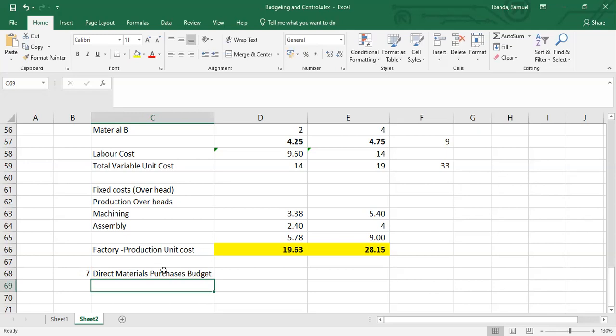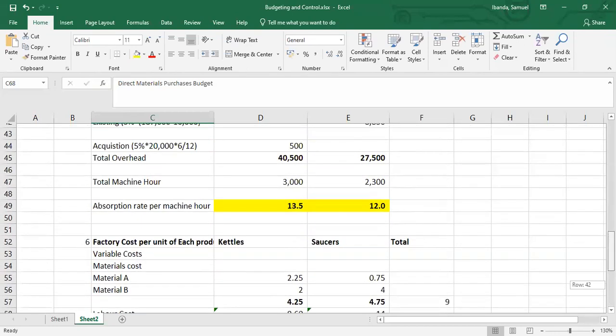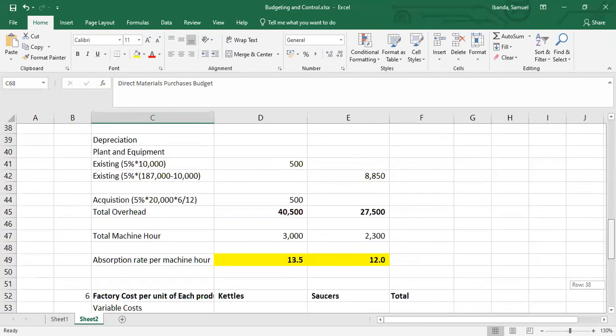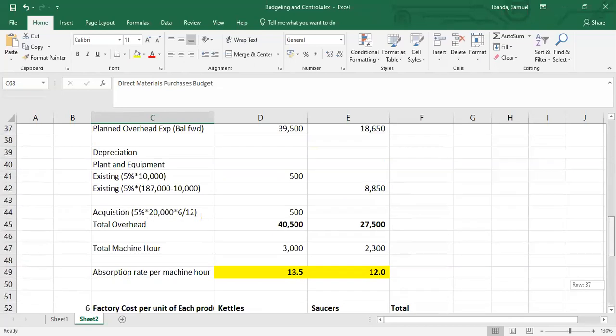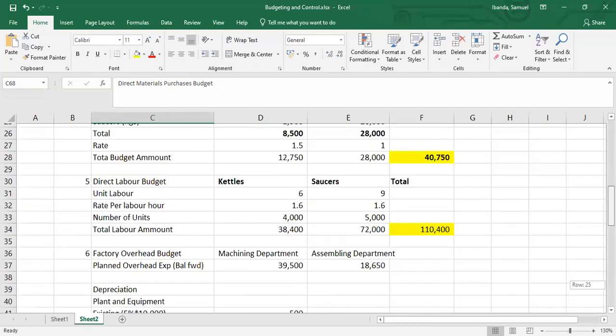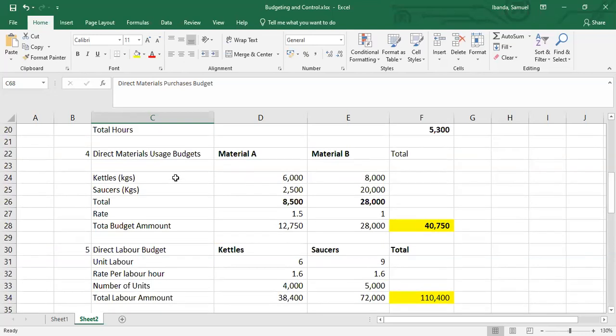Now, similar to this, if you remember, there is somewhere where we had what we call the direct material usage budget.